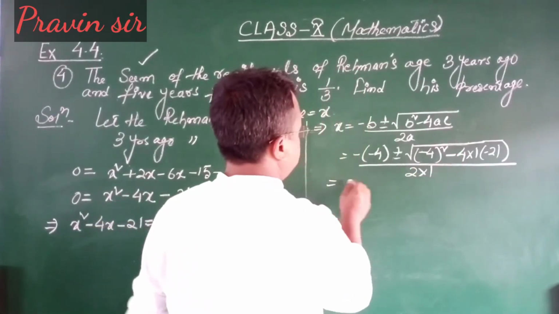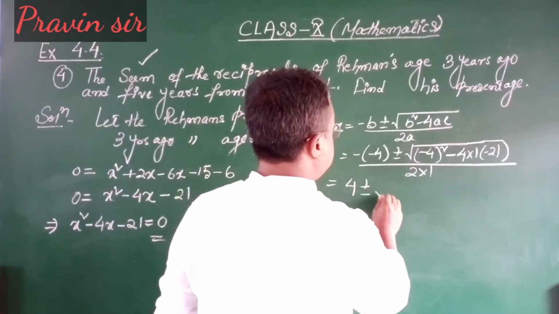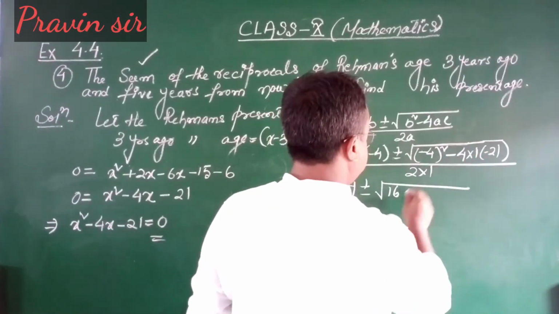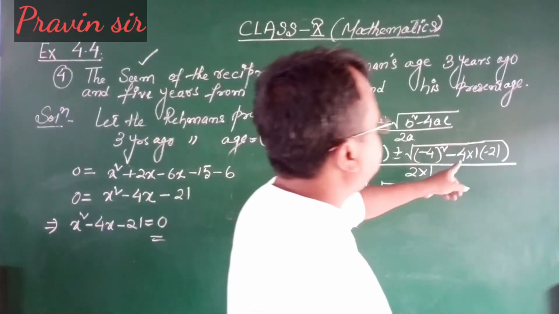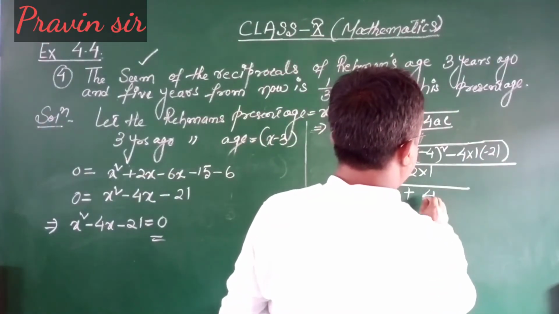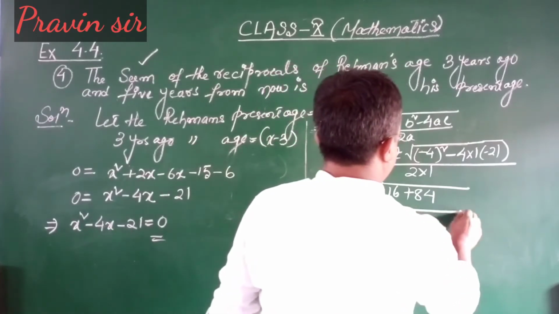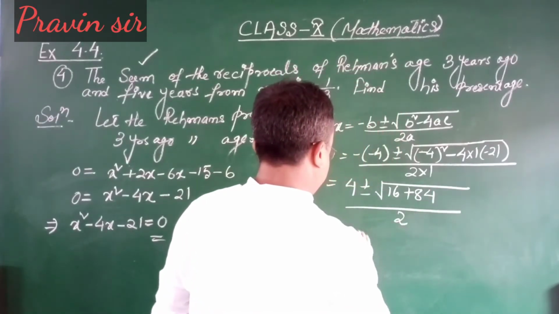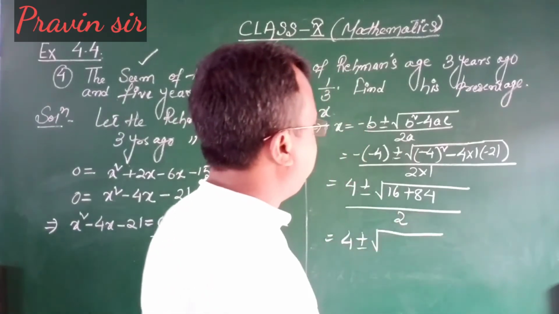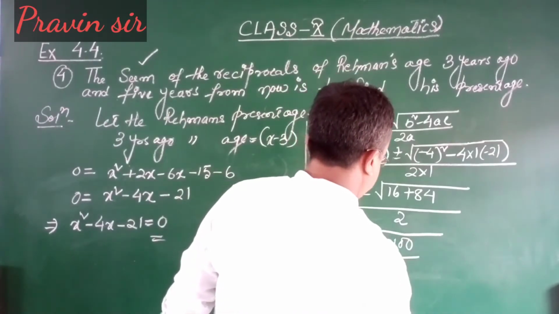So simplify this. Minus minus plus 4, plus minus root over 4 square is 16, and minus minus plus, then 4 into 21, 4 into 21 is 84, divided by 2 into 1, 2. So what did we get? 4 plus minus root over 16 plus 84, it is 100, divided by 2.